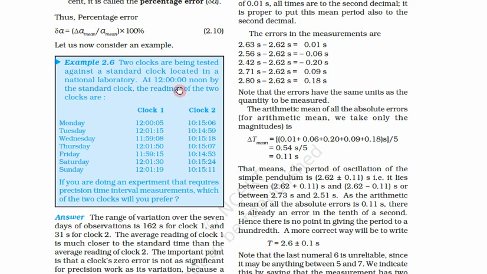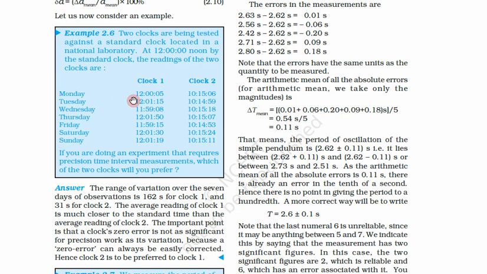Now let us solve this example. With the help of an example we will understand it in a much better way. Two clocks are being tested against a standard clock located in NPL, National Physical Laboratory. We have already learned about the standard clock, and at 12 noon by the standard clock, the readings of two clocks are as follows.